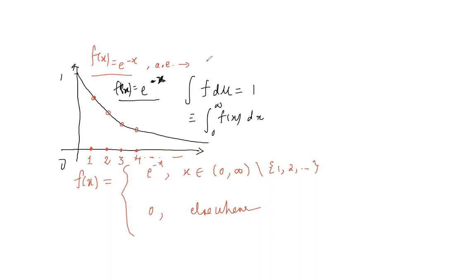That means fx equals e to the minus x at all points x except at those sets of x with zero measure. So it doesn't matter even if you put down holes like this.